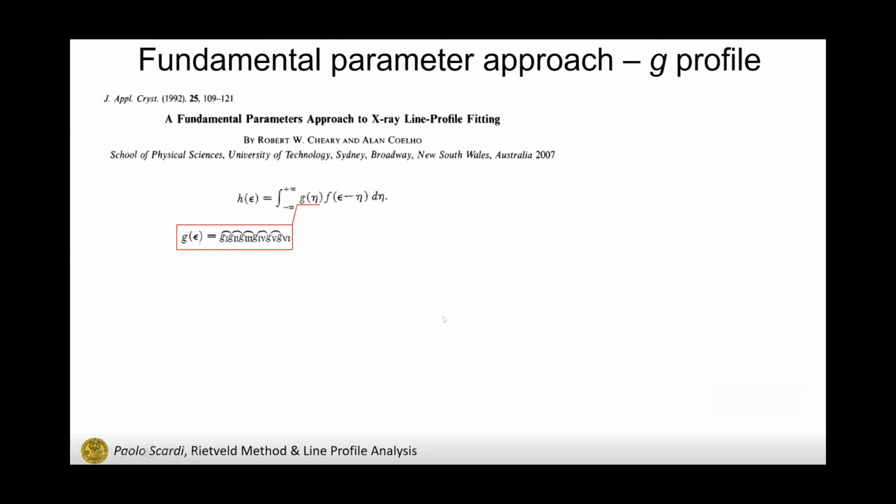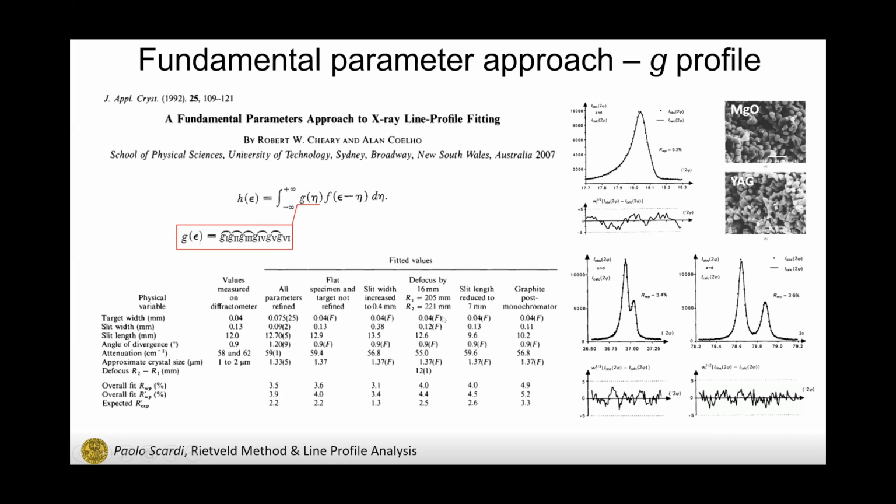90s. And for the G part of the profile, as you see here in their 1992 paper, each optical component of the instrument forming the G profile can be adjusted, if not fixed, if some parameters of the instrument are known, like, I don't know, the goniometer radius, the height of the beam.